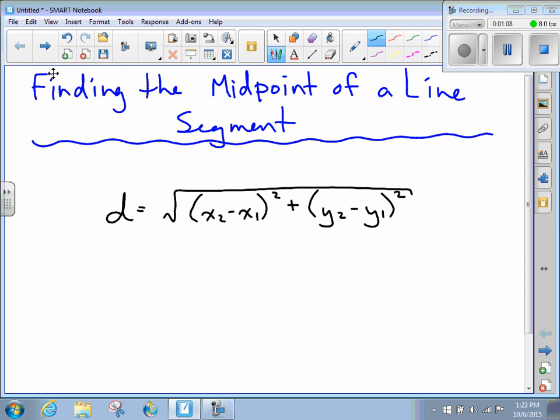That was the title of the lesson. So basically the distance between 2 points. For today, instead of finding the distance between 2 points, we're going to be finding the midpoint. So how far is halfway in between those 2 points? What's the coordinate? We also know slope, which is y2 minus y1 over x2 minus x1.